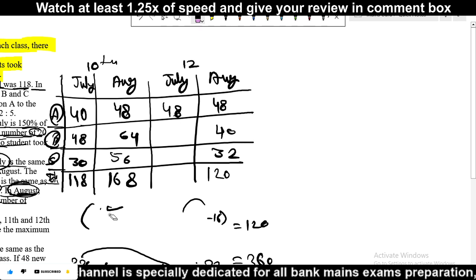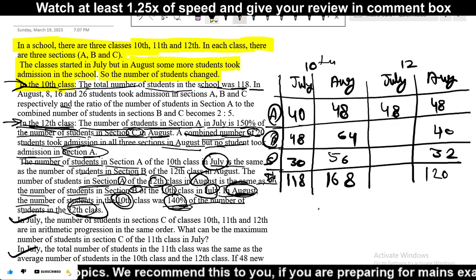In August of 12th class, 20 students increased in sections B and C combined. So we don't know how many students increased in section B and how many in C. So this problem is in front of us. What we will do now is just let one value here, just let x be the number at the beginning of 12th class in July.